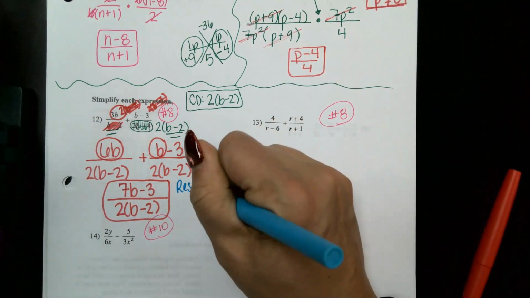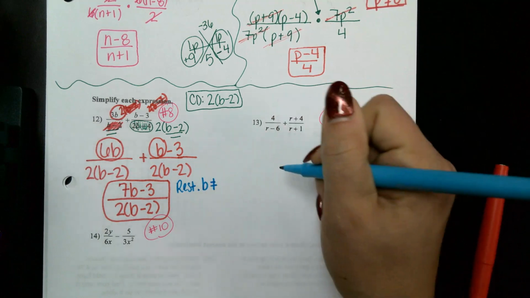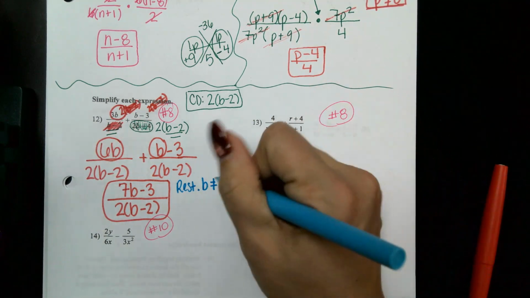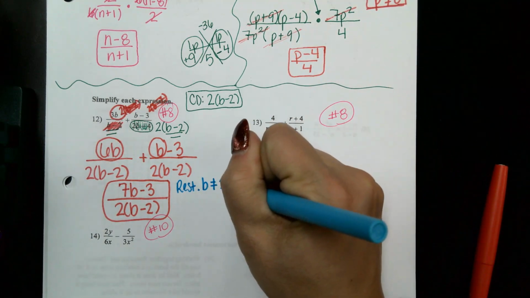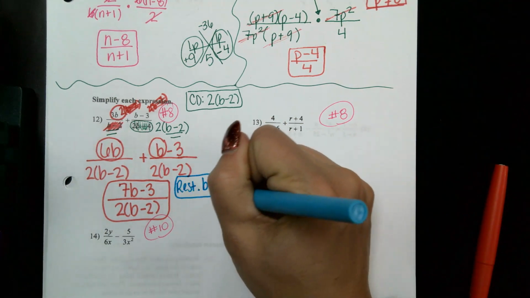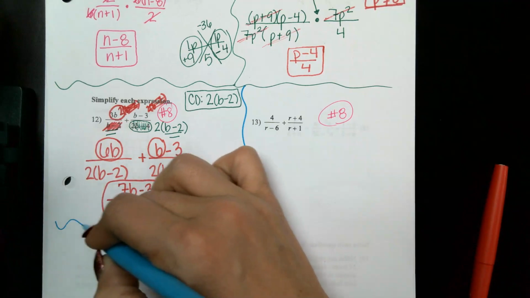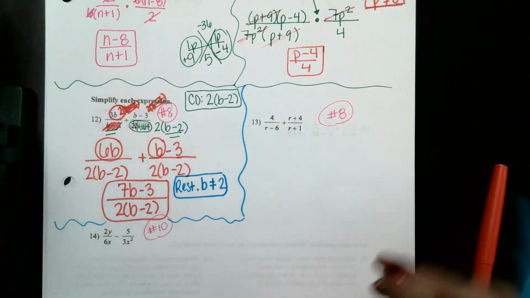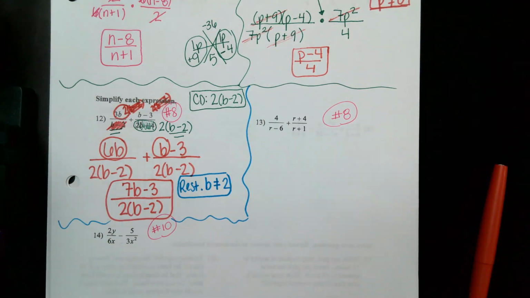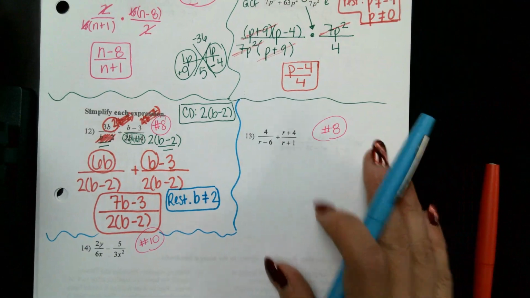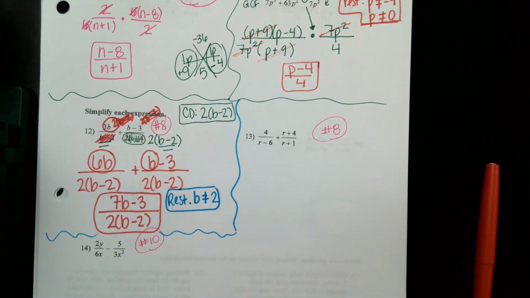The restriction is b could not equal what? Well, when we get to the part where we do the equations, we will be getting rid of those denominators. Here, it's just an addition or a subtraction problem, so we want to keep those denominators around. Is it because the 2's outside?